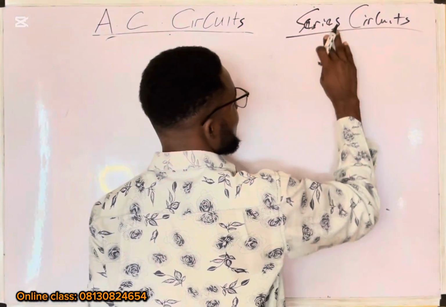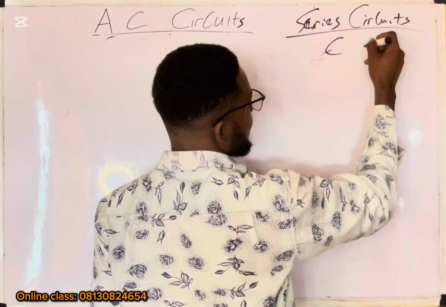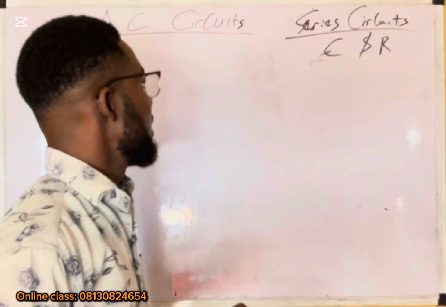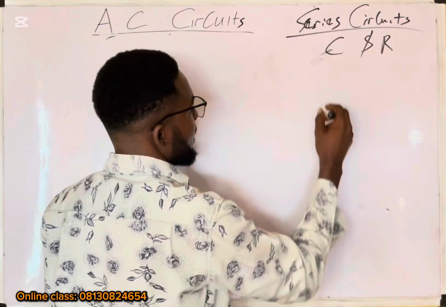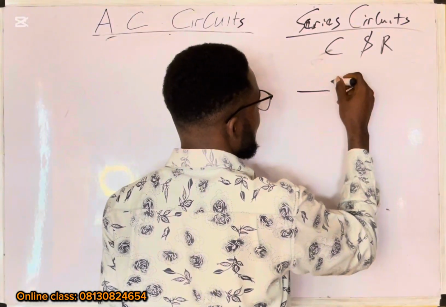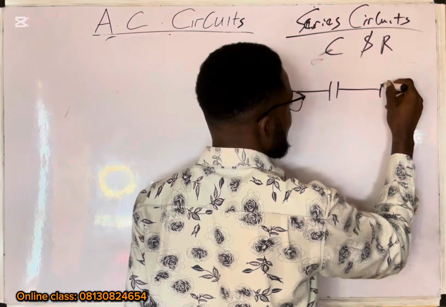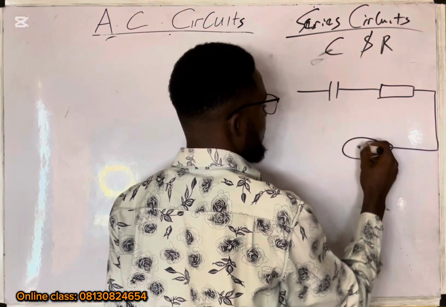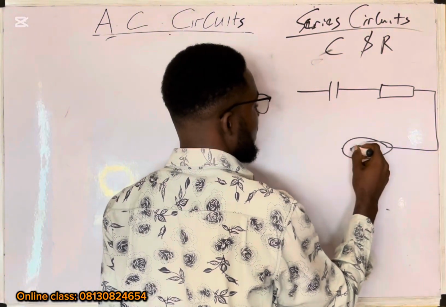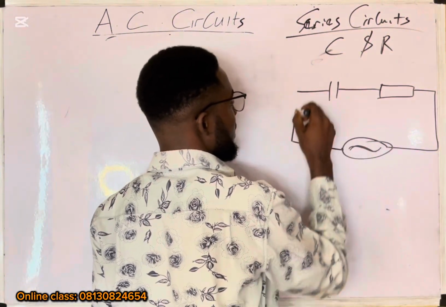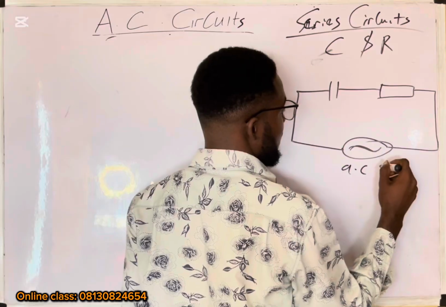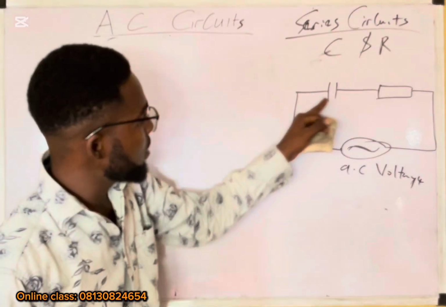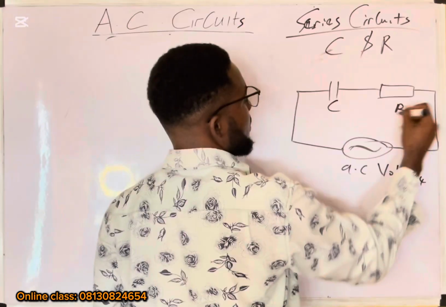The first one we should use is, let's say, capacitance and resistance. If this is the circuit, this is the capacitor and this is the resistor, all connected to the source, the AC voltage. This is the capacitor, while this is the resistor.